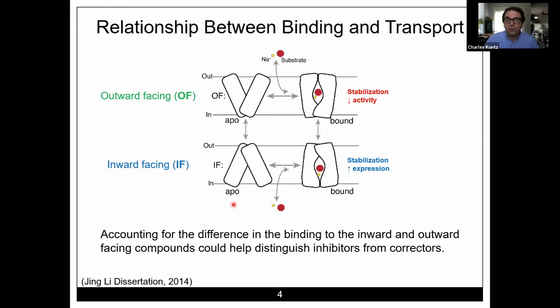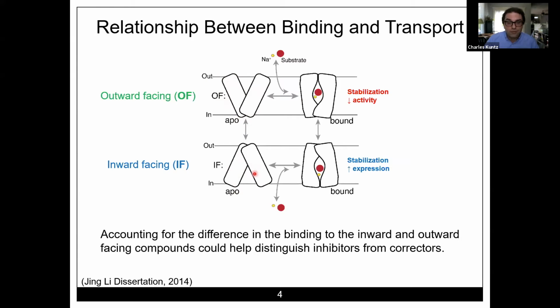And in the course of looking for a pharmacological corrector or an activator for the creatine transporter, we don't want to lock the transporter in one of these two states, especially in the outward facing state, because that seems to be the state that is more highly populated in the presence of a sodium gradient. But thanks to work from Michael Friesmith, we know that the folding pathway for the creatine transporter probably proceeds from the inward facing conformation.